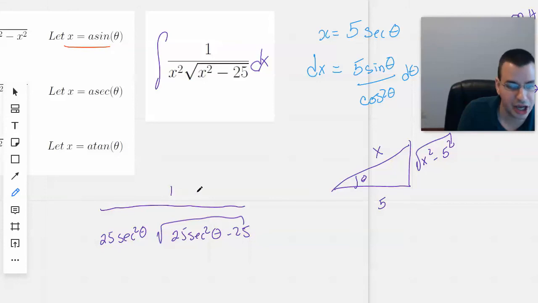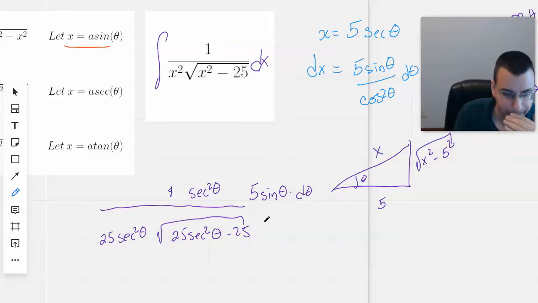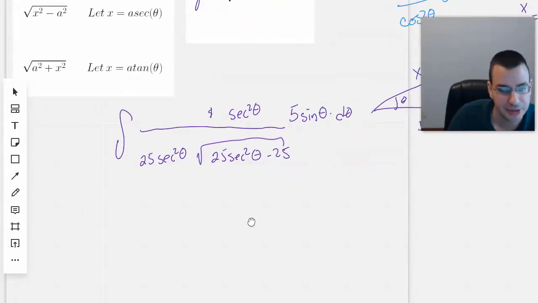And then on the top, we're going to have 5 sine of theta times, then I'm just going to write the cosine squared divided by cosine squared of theta as secant squared of theta, which is convenient because I think they cancel out. Okay. Yep. And this will be integral d theta. And I'm going to clean this up slightly.